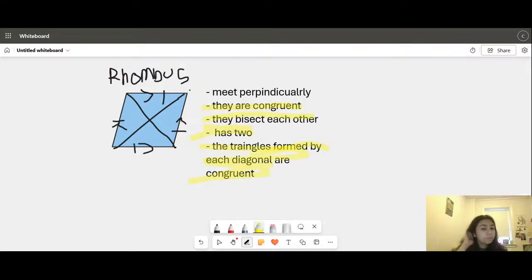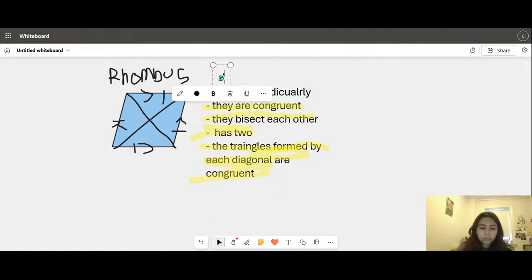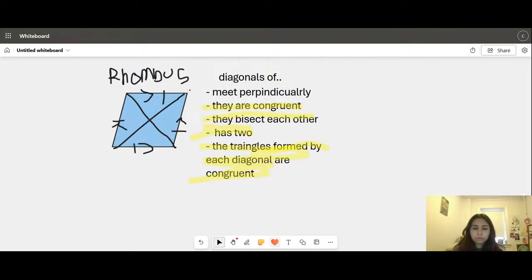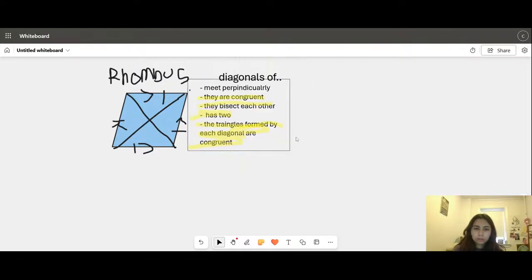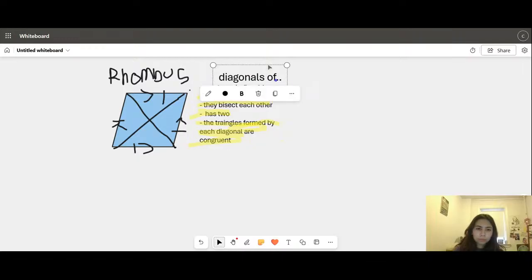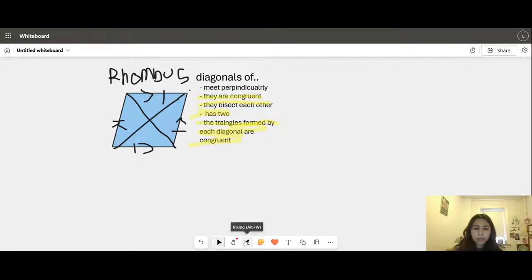Amazing. Diagonals of. Okay. Yeah, we got a rhombus.